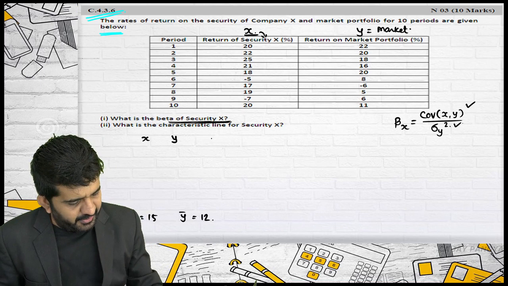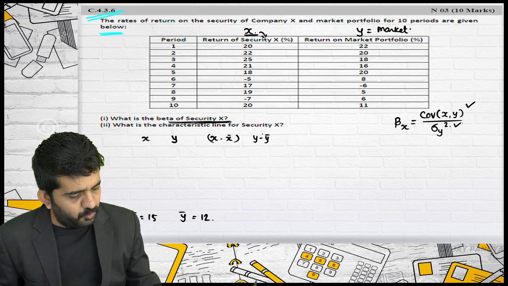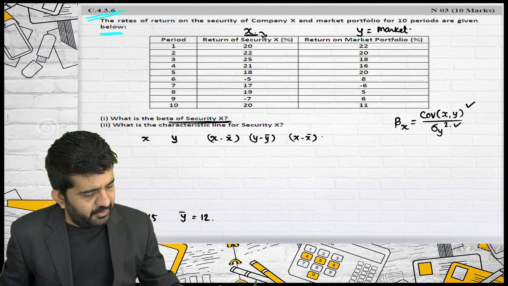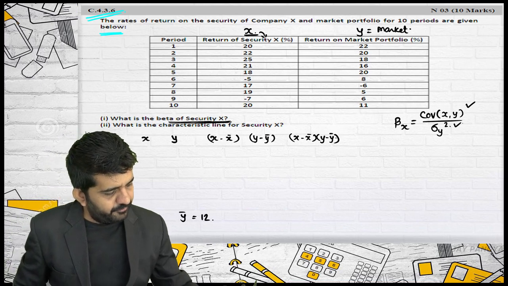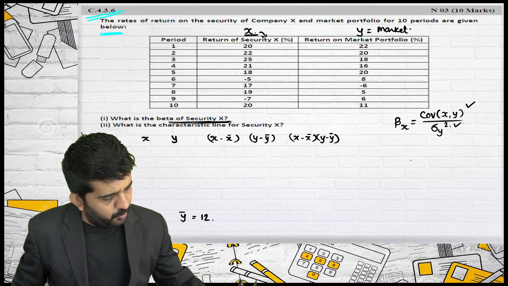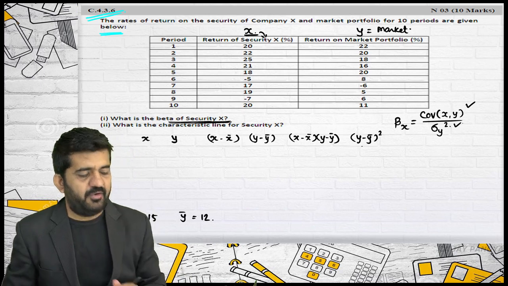Then you need to find out X minus X bar, Y minus Y bar, X minus X bar into Y minus Y bar. You will also need Y minus Y bar whole square for beta.